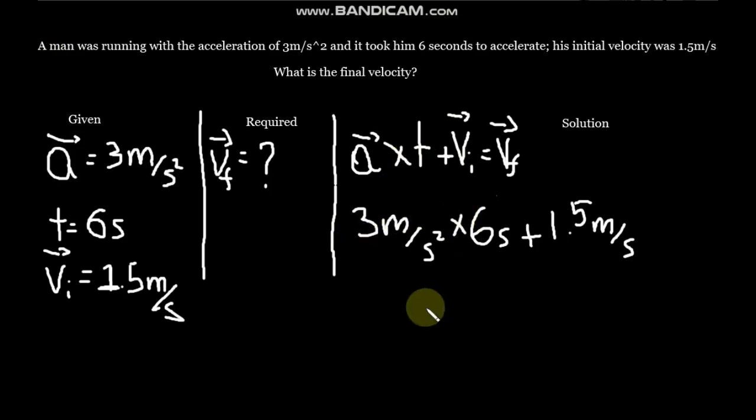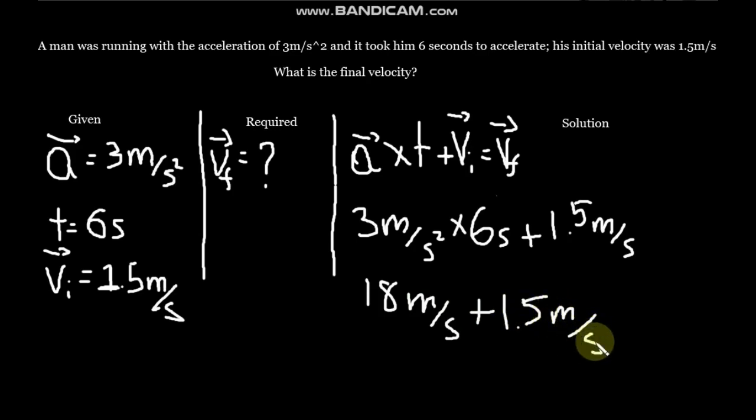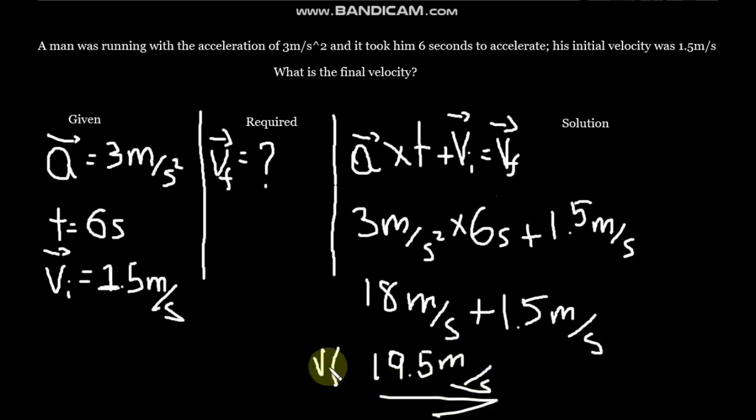So 3 times 6 is 18 meters per second plus 1.5 meter per second. So we'll get 19.5 meter per second. So the final velocity equals 19.5 meter per second.